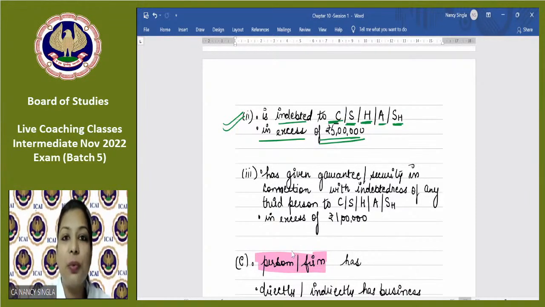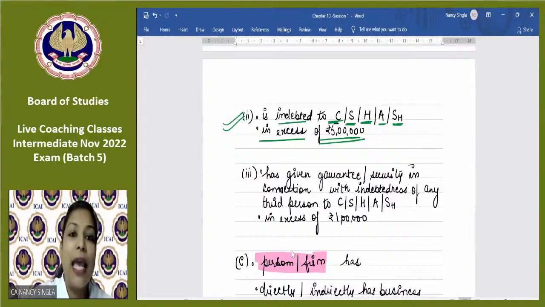And if such is the situation that more than 5 lakhs, 6 lakhs, for example, is owed by the person himself, his relative or his partner to either the company, A Limited में appointment देखना है ना, या उसकी कोई भी subsidiary में, या A Limited की holding में, या associate में, या subsidiary of the holding of A Limited, then if it exceeds 5 lakhs, then there will be ineligibility of whom? Of CAX. Is it clear?